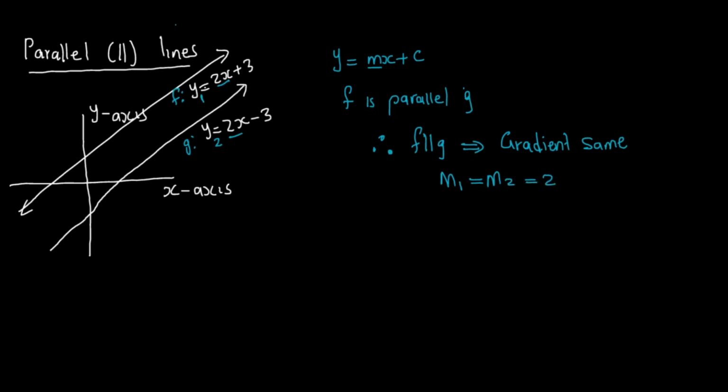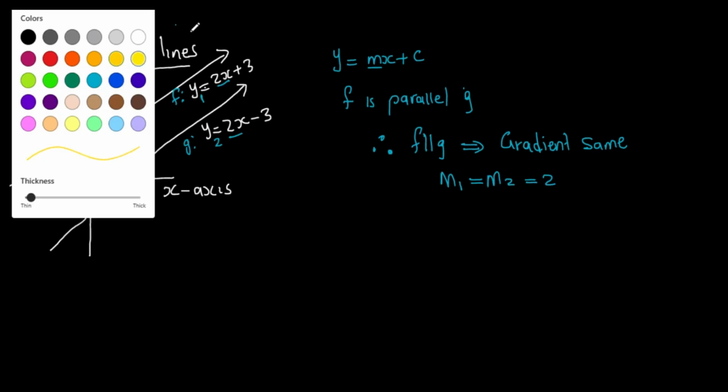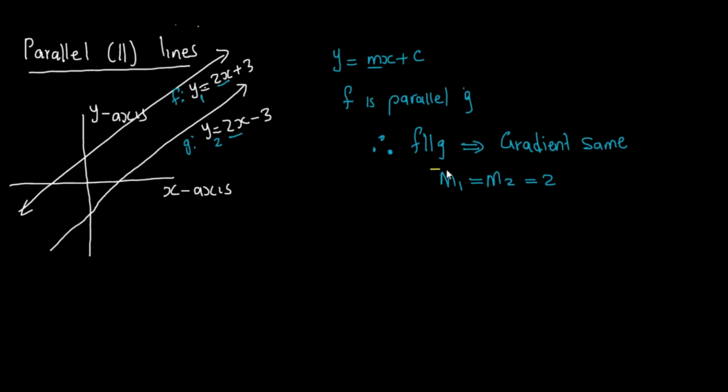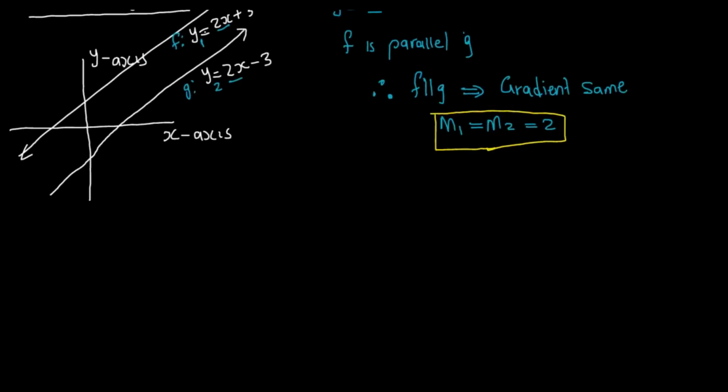So when you have lines that are parallel, just know that they will have equal gradient. So let's say you are in an exam and the statement says that the graph of f is parallel to the graph of g. Just know that they have equal gradient. Okay? So if you understand that, I'm very happy.